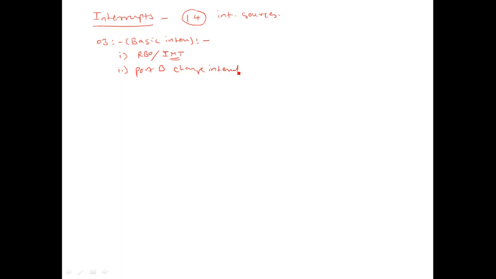Whenever any one of the bits of port B changes status, the port B change interrupt is generated. And there is the timer 0 overflow interrupt. So these can be called the three basic interrupts. These are also available in the basic device, which is 16061.